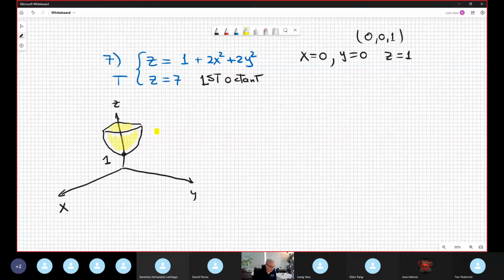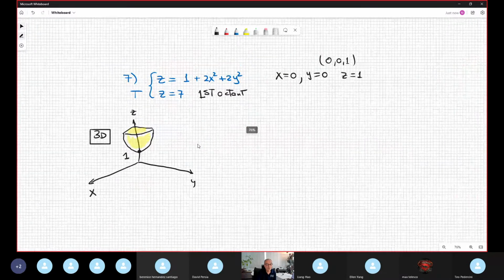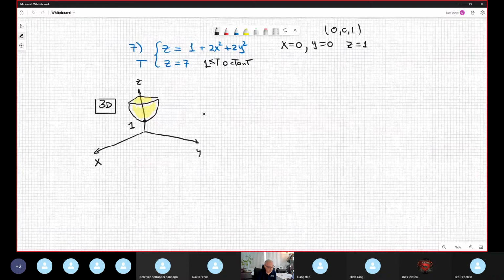Okay, actually this guy is not completely bounded. No, this is not bounded. This is a 3D picture. I have some idea, but to complete the picture, maybe I am doing the floor plan.